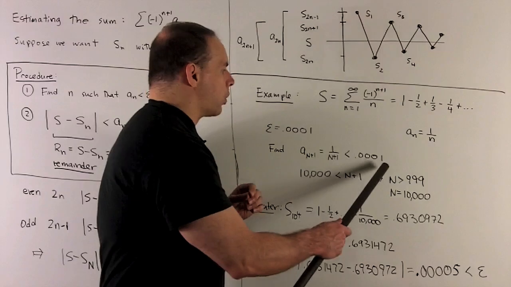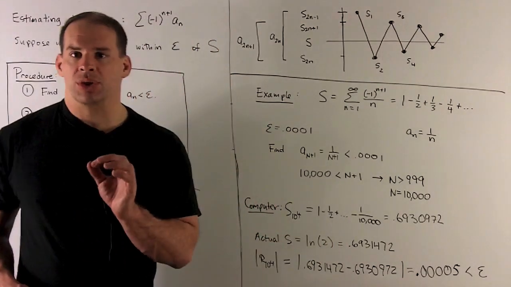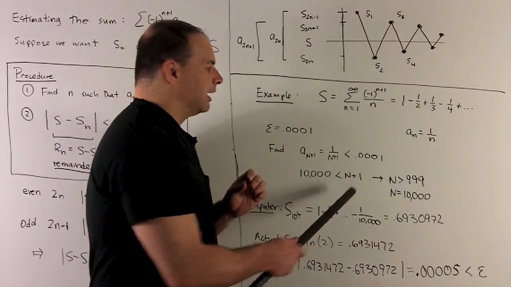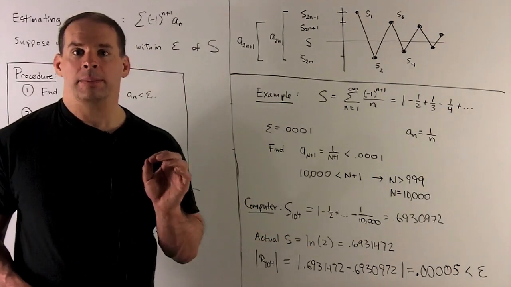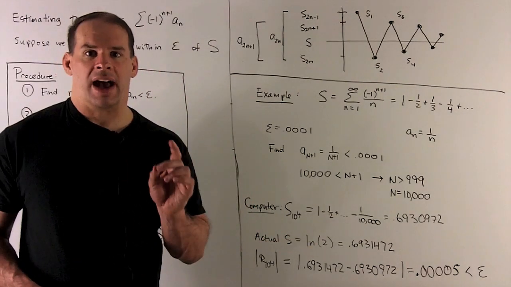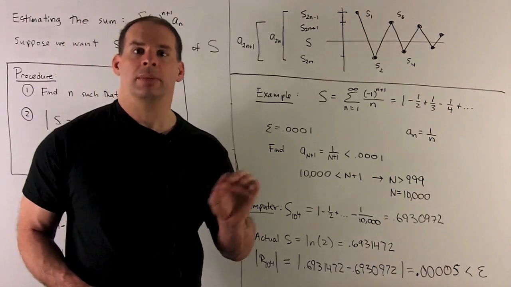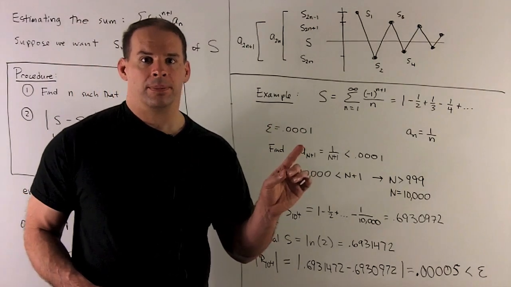So we're trying to solve this inequality. I multiply both sides by 10,000 n plus 1. That's going to give me n is greater than 999, or n equals 10,000. And you could use any n bigger than 999, and you'll get the same idea.